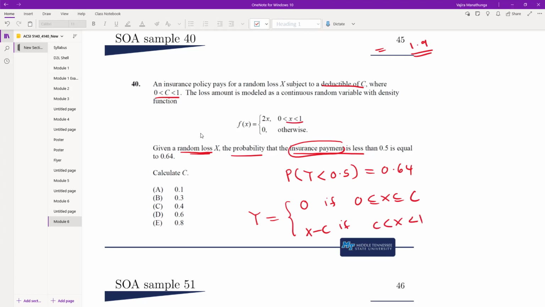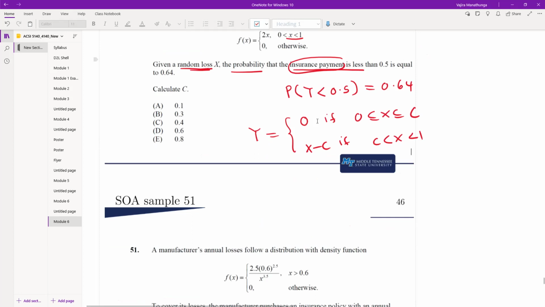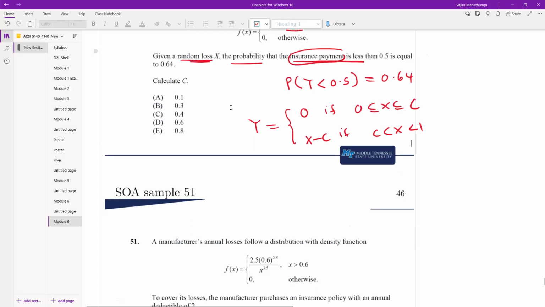So we need to calculate this. We have to use the known variable.